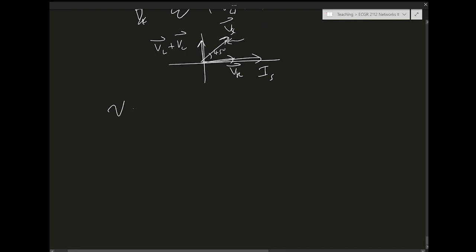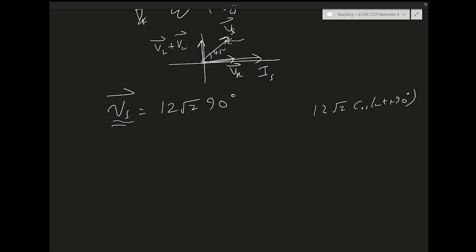So Vs is just 12 square root of 2 at 90 degrees. That's what Vs is: 12 square root of 2 cosine of omega t minus 90 degrees, plus 90 degrees. This is the particular signal that Vs is. I've fixed it, and I want Vs to be the reference.